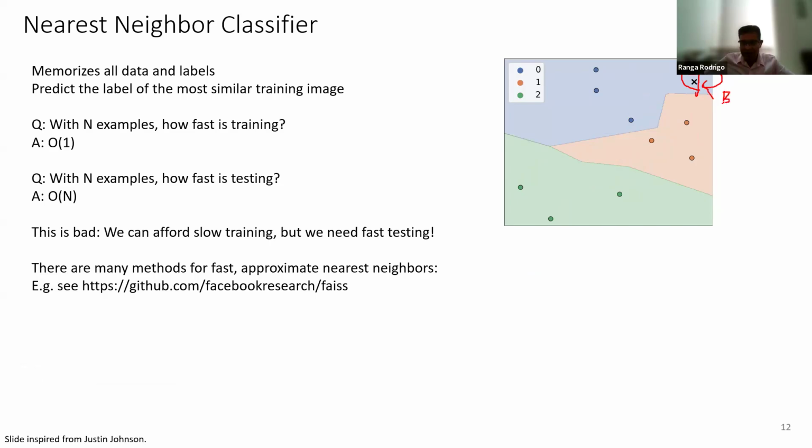The closest one's class is the class of that. So this is the so-called nearest neighbor. Its test time computation complexity is n. This is considered to be very bad because we have to go through all the training examples to find the class during test time. There are faster methods, but we will not talk about that here.